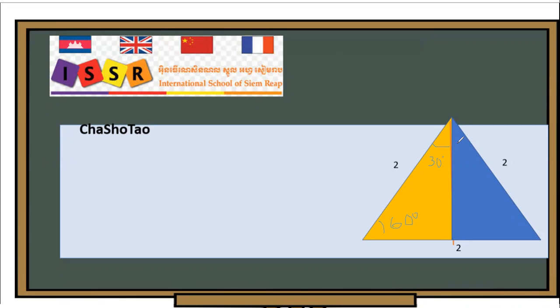This one is going to be 60 degrees again. But my concern is not on the triangle that I've shaded blue, but on this new triangle, a right-angled triangle. So this one is a right angle.